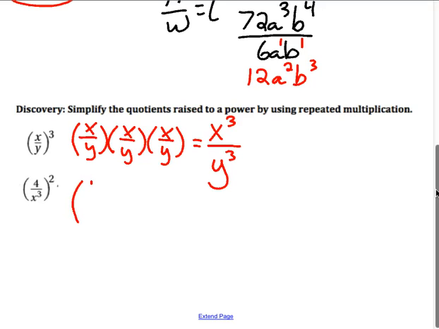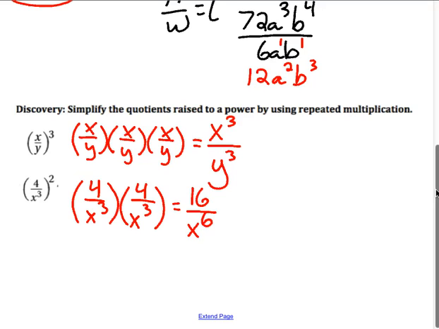If I'm squaring this, it means there's 2 of them. So I'm getting 4 squared and x to the 3 times x to the 3 on the bottom. 3 plus 3 gives me 6.